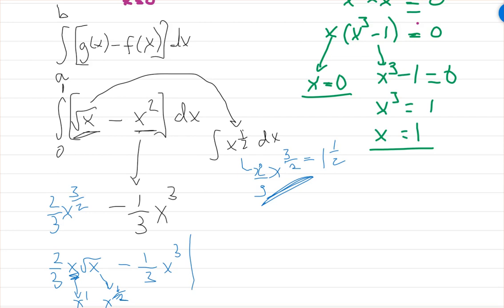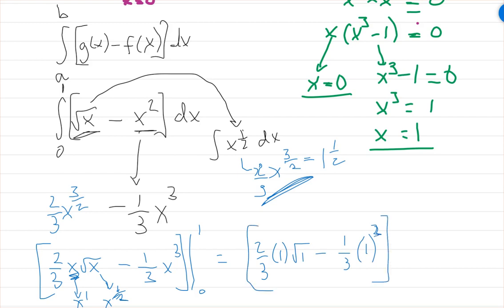And that's going to be evaluated from 0 to 1, okay? So what do we know? We're going to get 2/3 times 1 times the square root of 1 minus 1/3 times 1 cubed, minus, so that's with plugging in 1, and now this one's going to be with plugging in 0, and what do we get?